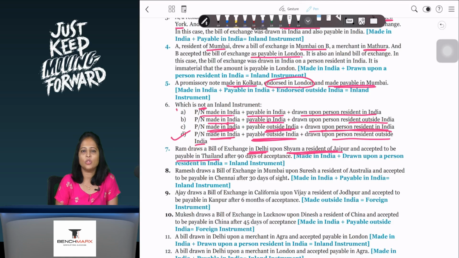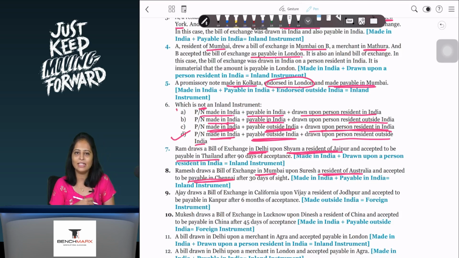Next is Ram draws a bill of exchange in Mumbai upon Suresh, a resident of Australia. So, it is made in India upon a person resident outside India. Now, I have to see whether it's payable in India or not. That is the deciding factor, correct? So, it says and accepted to be payable in Chennai. So, because it's payable in Chennai, which is in India, it makes it an inland instrument.